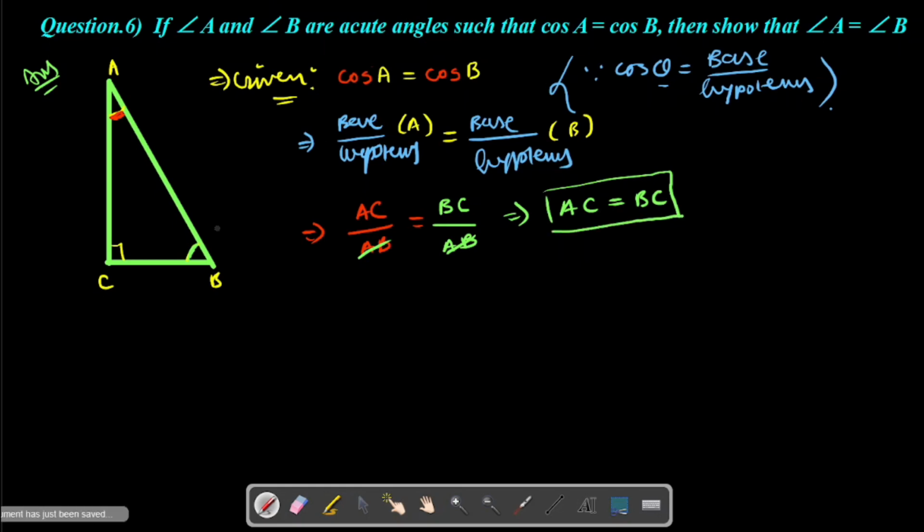Okay. So here we find that AC is equal to BC. If these two sides are the same, then we know a theorem that says that the opposite angles of the same sides are equal.